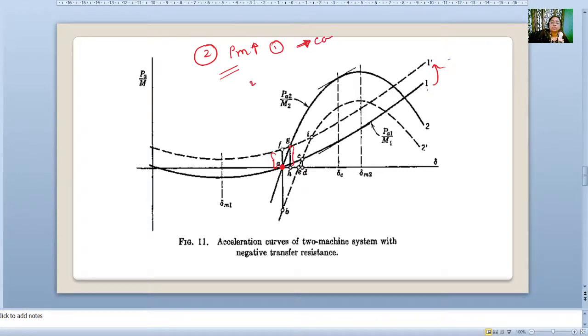So what next to do? We will adjust the governor of the second machine.